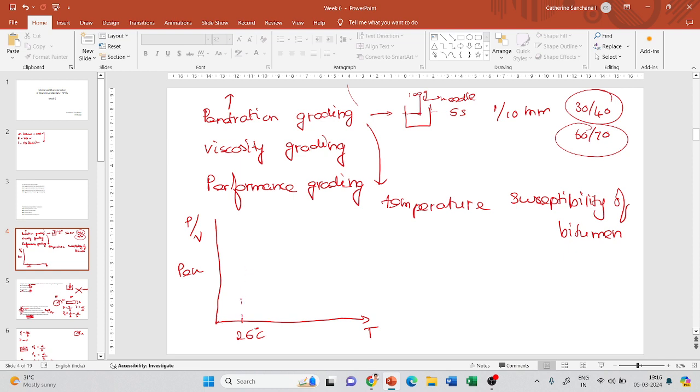Now let us say the penetration at 25 degrees is this value for a bitumen A. I cannot measure penetration at 60 degrees Celsius, but let us say I'm measuring viscosity at 60 degrees Celsius and it gives me a lesser viscosity. So this is my bitumen A.